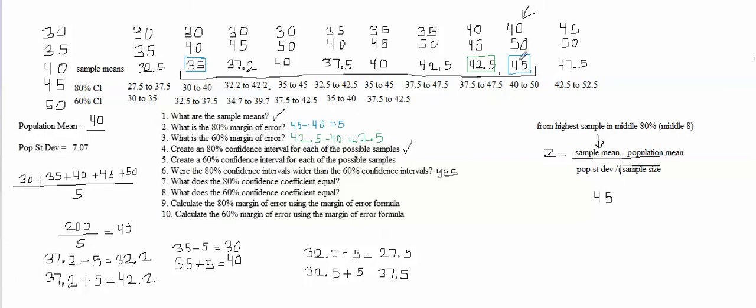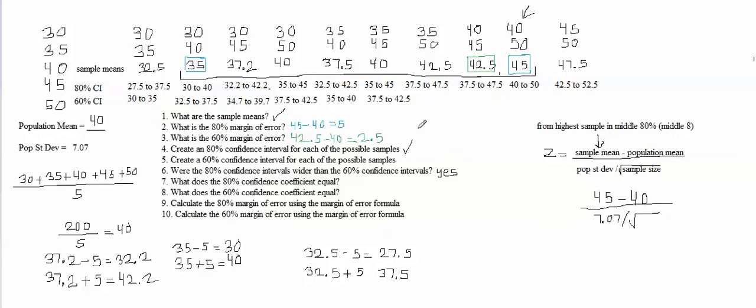It has to be this one at the upper end. 45 minus the population mean of 40, which was over here, over the population standard deviation, which I provided to you, was calculated with these 5 numbers over here. Over the square root of our sample size.